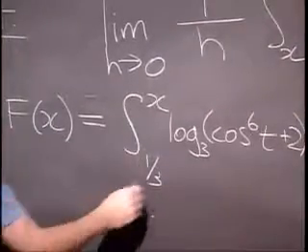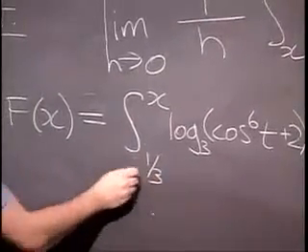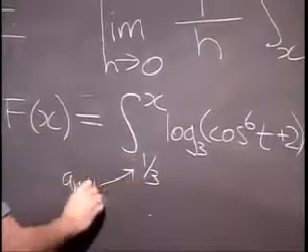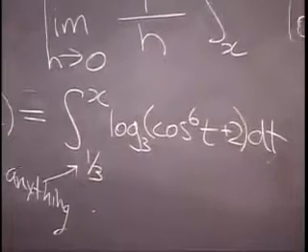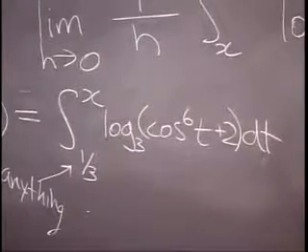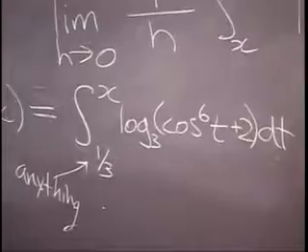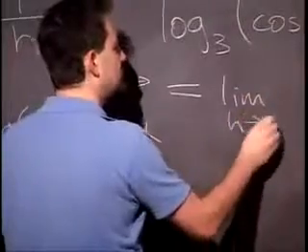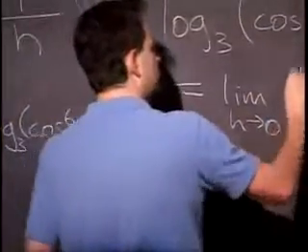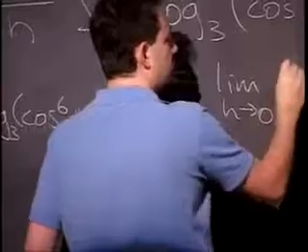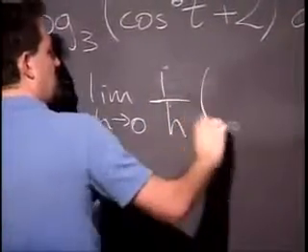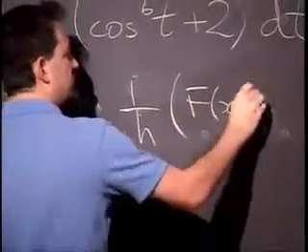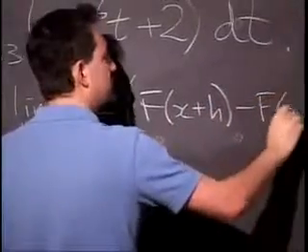What the hey? Doesn't matter. This is anything in the domain, again, of the integrand, which in this case, again, is everything. Okay, so if I set f of x equals this, what is this limit? Well, this limit is the limit as h goes to 0 of 1 over h, f of x plus h minus f of x. Do you believe it?